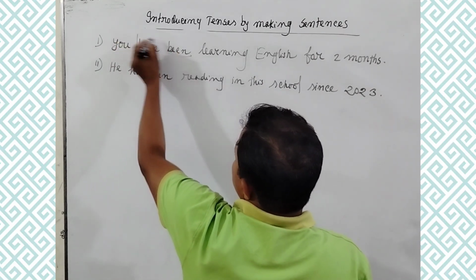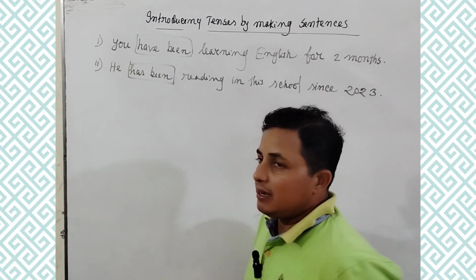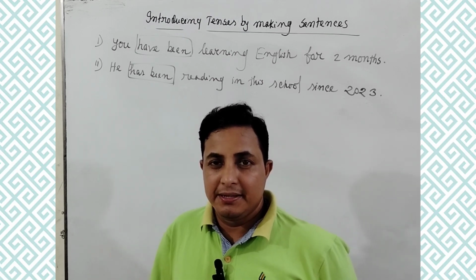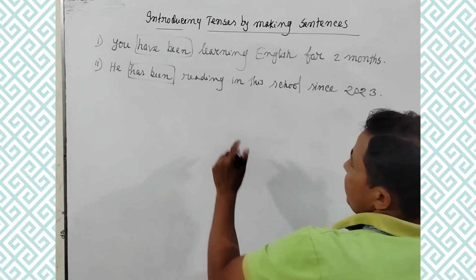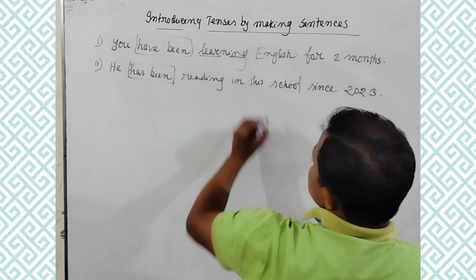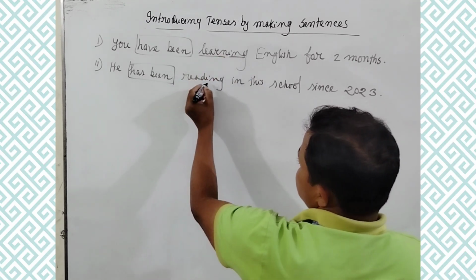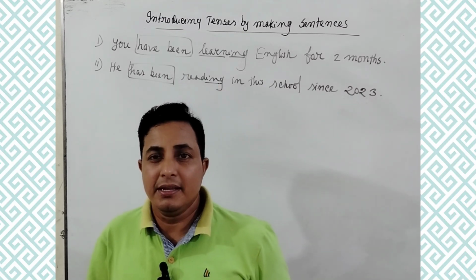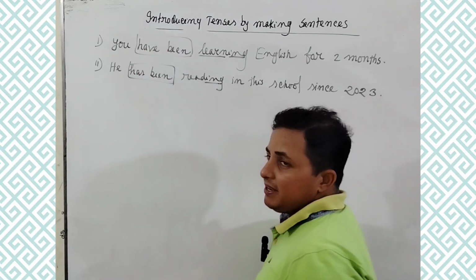have been or has been are the auxiliary verbs of present perfect continuous. Mind it, every continuous tense must follow the base form of the verb plus ing. But how do you know? At first the auxiliary verb: have been, has been.